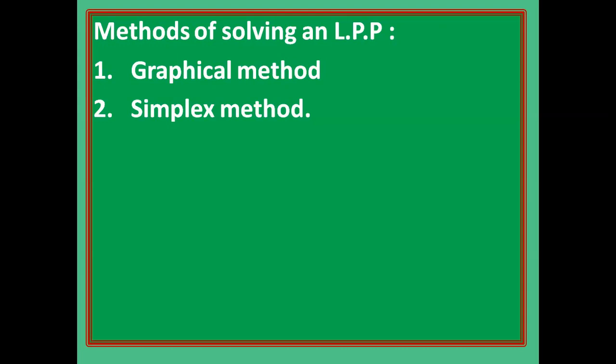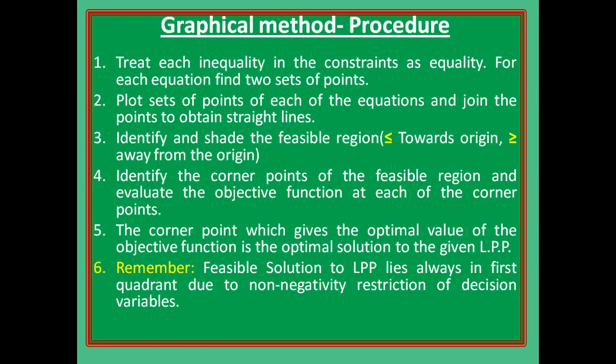Now let us concentrate on the graphical method procedure. You are already familiar with more than 60 to 70% of the procedure with the help of the linear inequality chapter. Graphical method procedure.